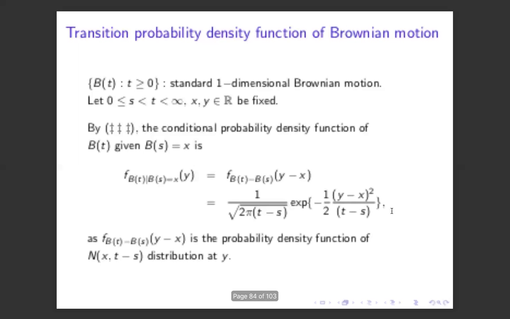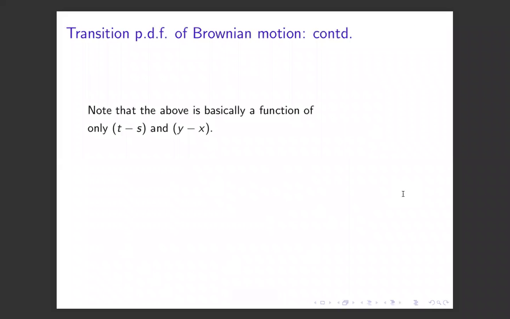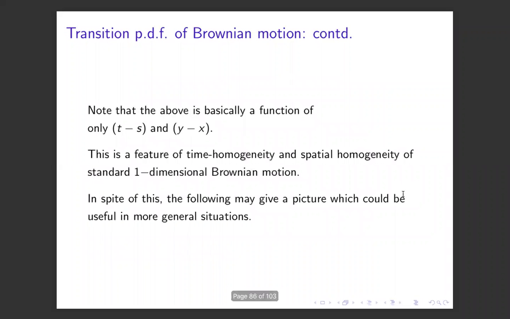So note that even though the variables s, t, y, x are all appearing, this is basically a function of t minus s and y minus x, only. Of course, this is a feature of time homogeneity and spatial homogeneity of the standard Brownian motion.